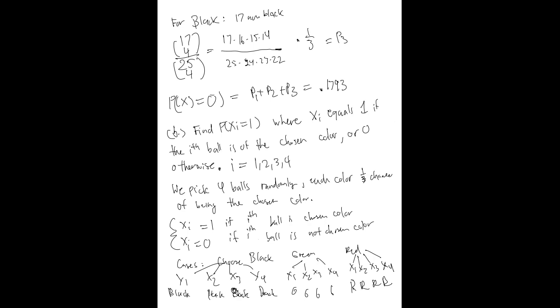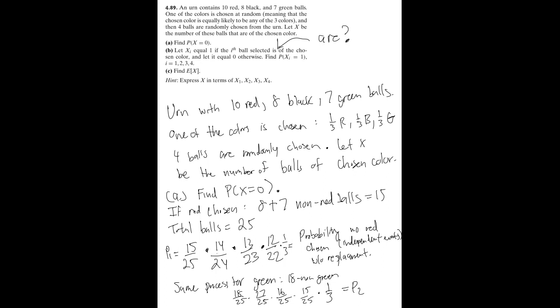Okay, so for part B, I guess the typo is, in the hint it says express x in terms of x1, x2, x3, x4. But for part B, it's not helpful unless the word is R, because it's saying let xi equal 1 if the ith ball selected is of the chosen color, and let it equal 0 otherwise.